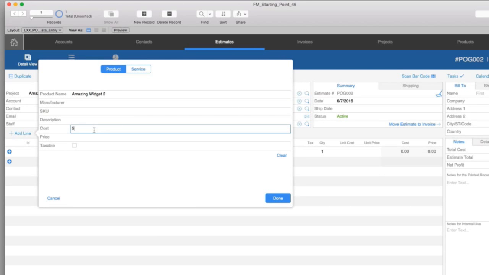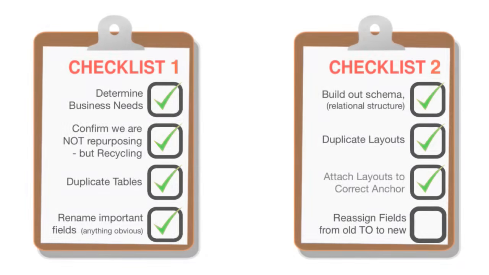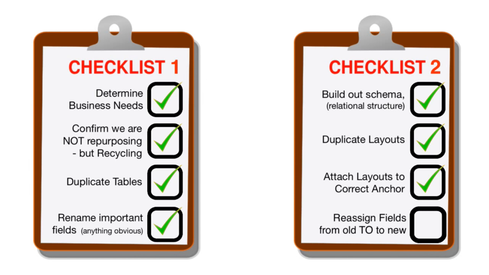So in summary, I can display our entire checklist here. We had to identify the business processes we had, go through the process of duplicating the tables, adjusting the field names, going to the relationship schema, duplicating the necessary schema to repurpose it, and then finally making the modifications to the layout.